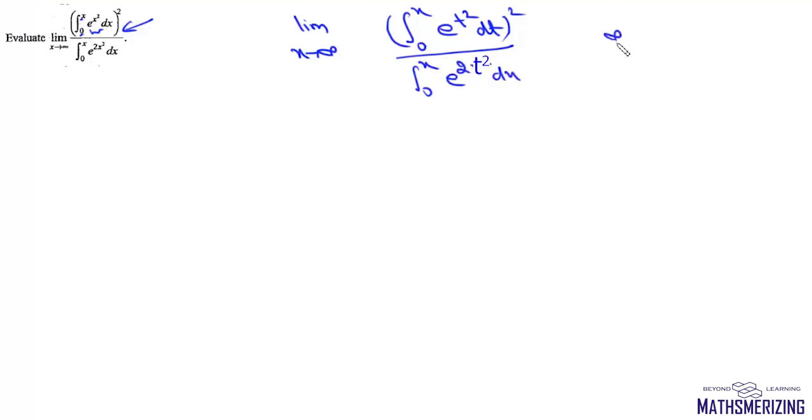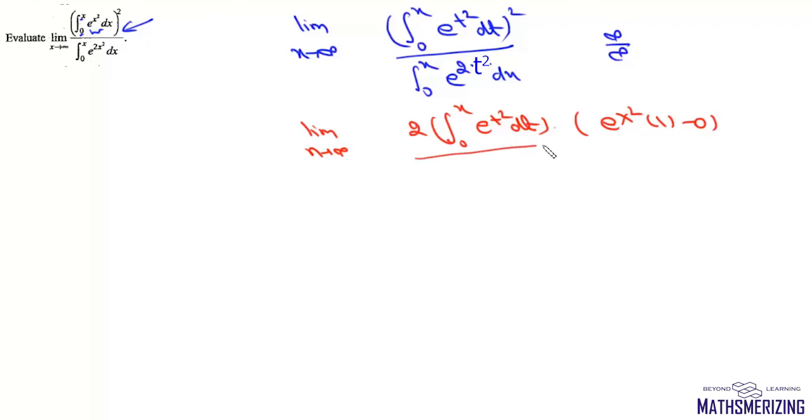Now this is infinity upon infinity form, so we'll use Leibniz integral formula. We'll write limit x tends to infinity, this is 2 into integral 0 to x e to the power t square dt into derivative of this function, which will be e to the power x square into 1 minus 0, and the denominator will be e to the power 2x square into 1.